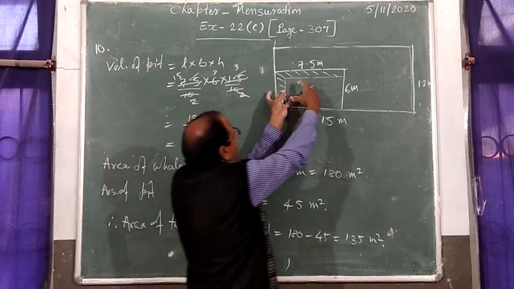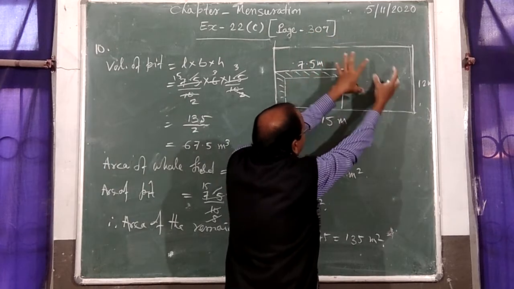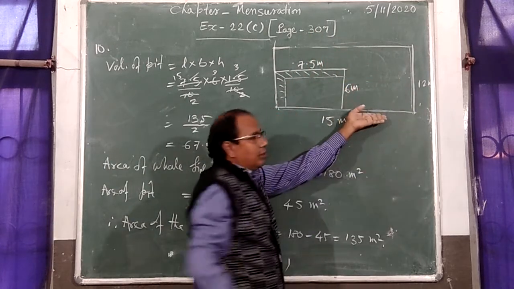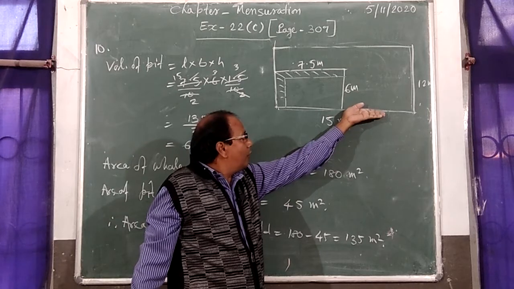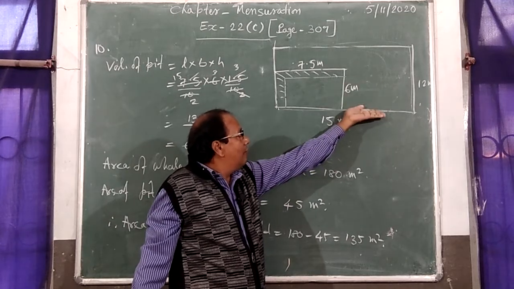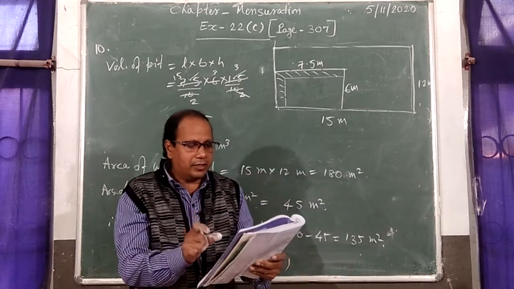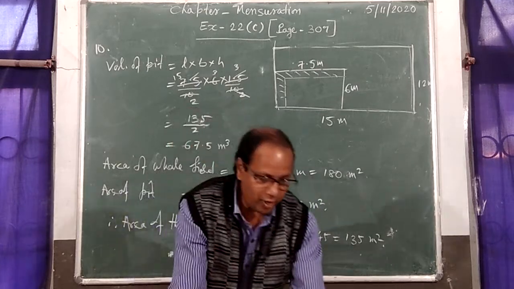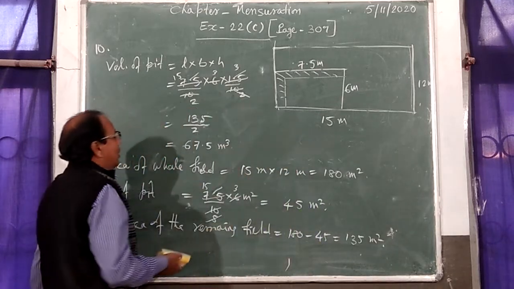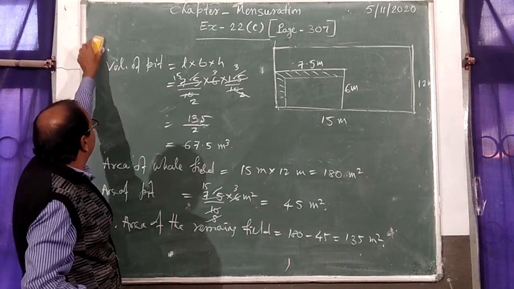Now, when you take out the soil from the pit and keep it here, sure the level of soil will rise. So the level of soil, I think that is the question. Yes, calculate the rise in the level of the field. So we have to find out the rise of the level in the field.